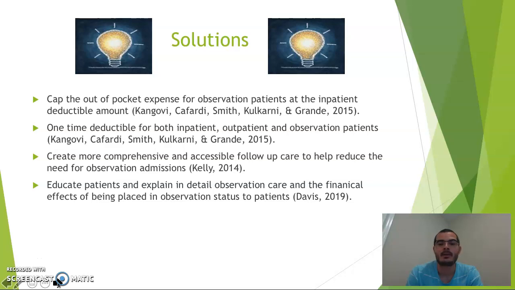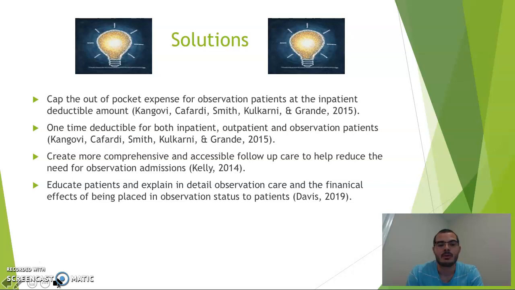This would also affect readmission rates, improve patient satisfaction and patients' quality of life outside the hospital, but in particular, pertaining to observation status, it would just reduce the need for it.